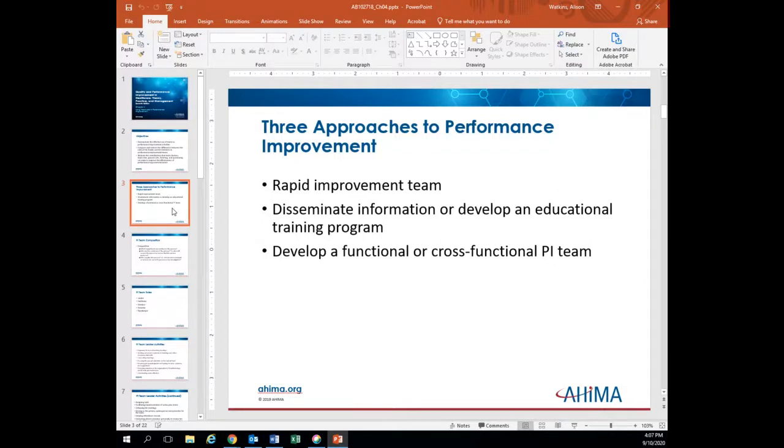They also talk about disseminating information or developing an educational training program. Sometimes there are processes that could be improved by the use of some training, re-educating our workforce.